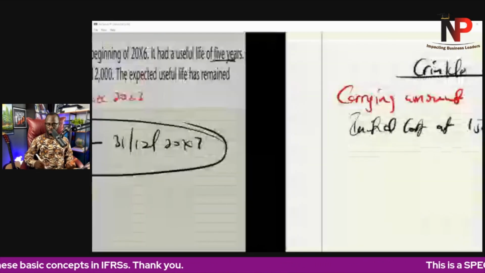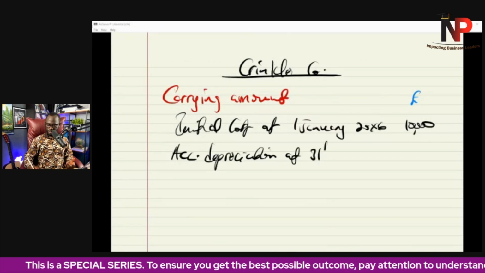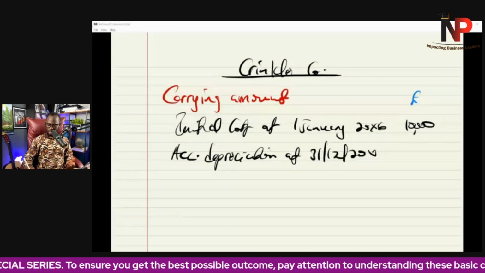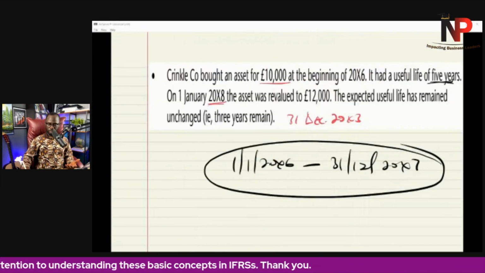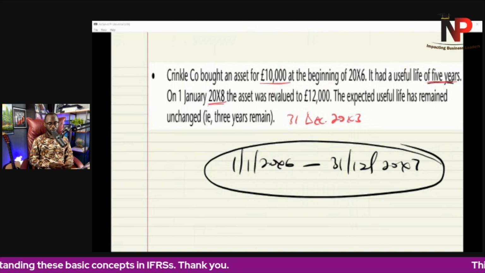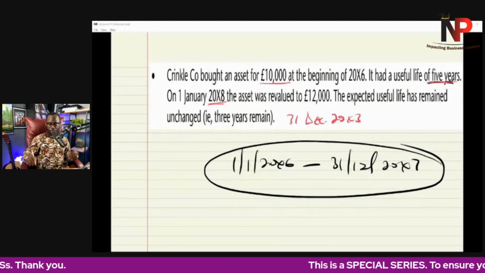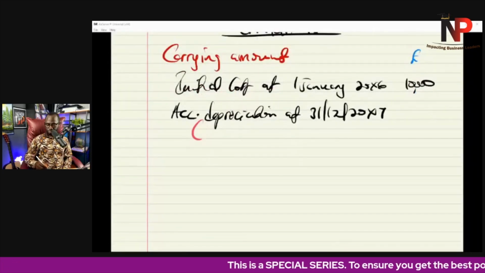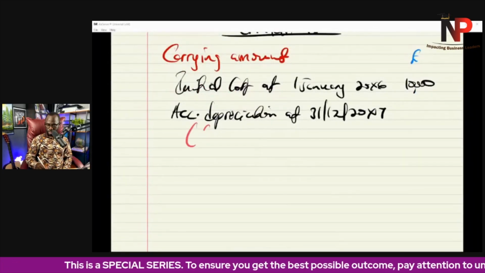So we're going to calculate accumulated depreciation as at 31st December 20X7. It's a straight line method. We know that because they have given us the economic useful life of the asset. We are not told of scrap value, so it means there is no info about scrap value. So we go in there and then get our figures coming up.